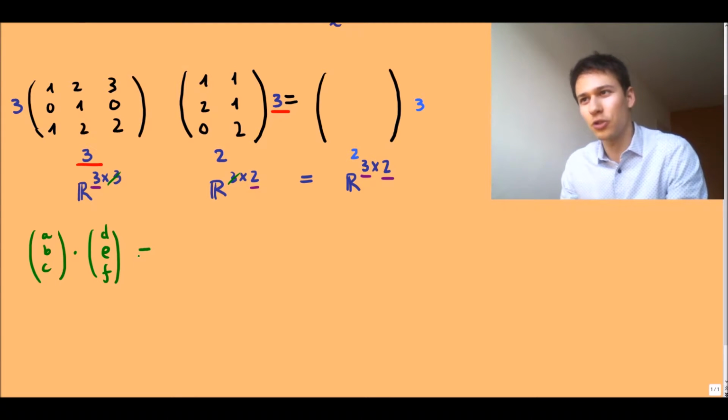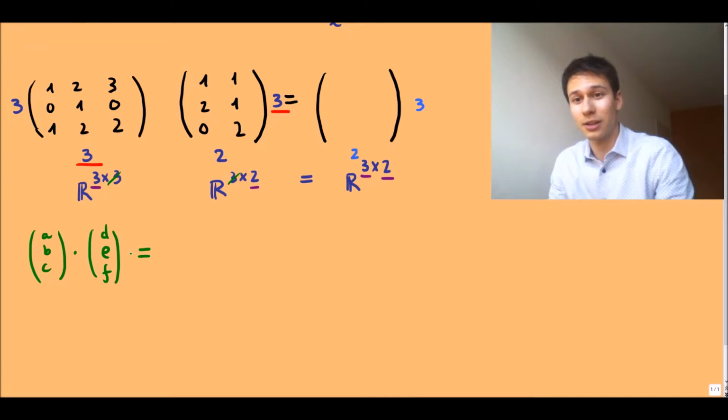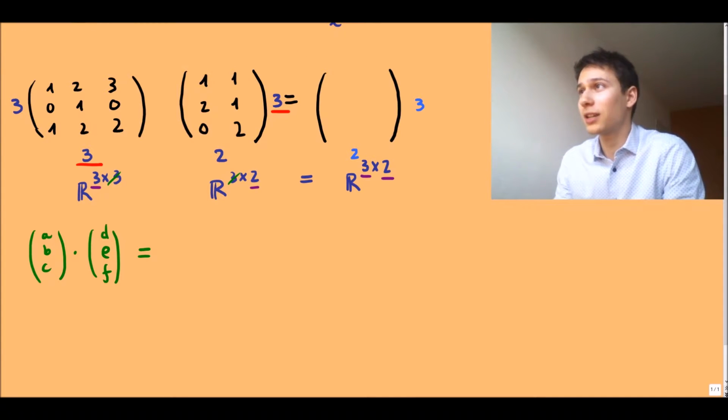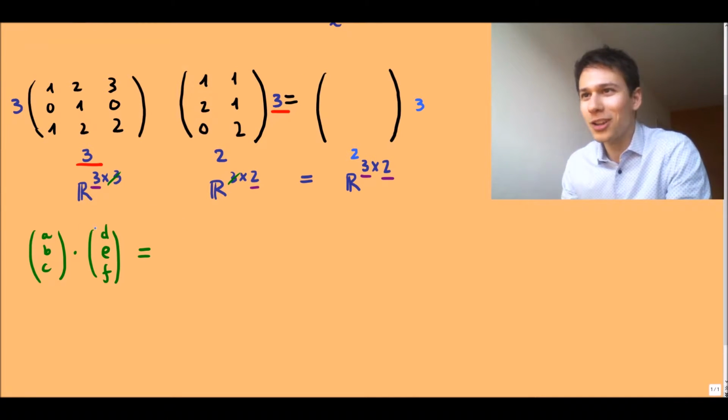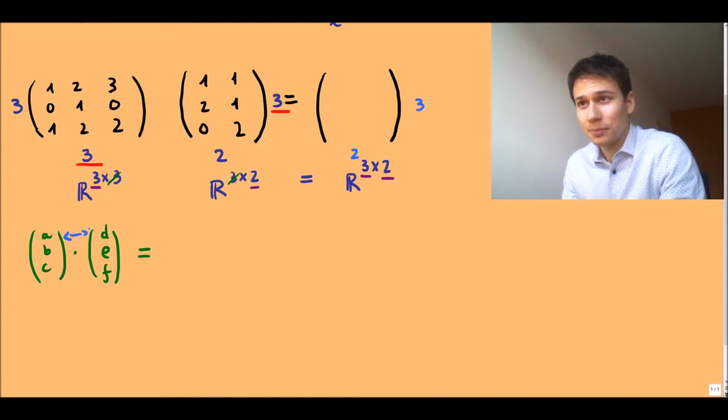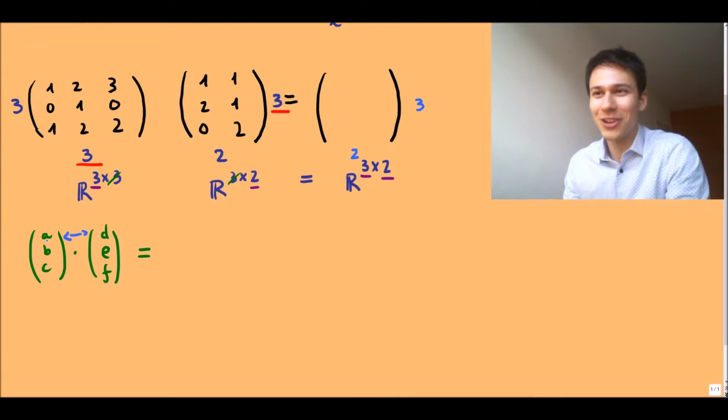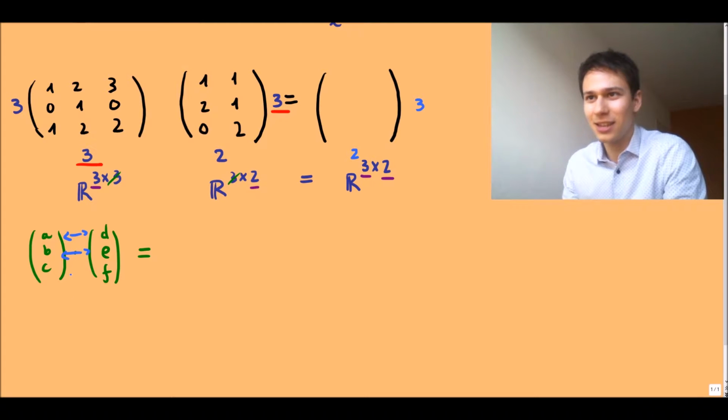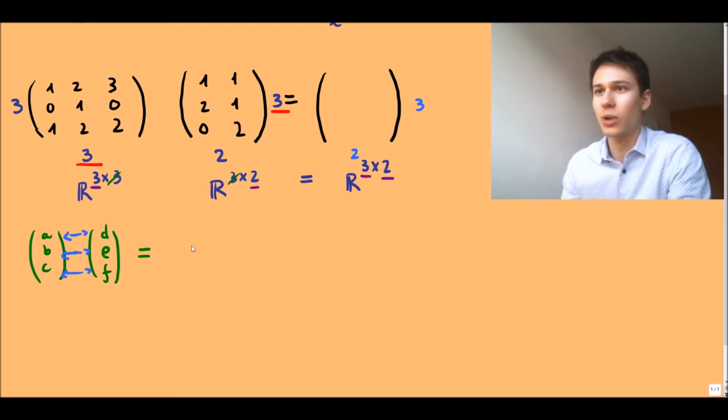And I'm sure that you know that if you multiply these 2 objects by this scalar product, then what you do is you multiply these entries of the vectors dependent on their height. So you have A times D plus B times E plus C times F as a result. Let's write that down.